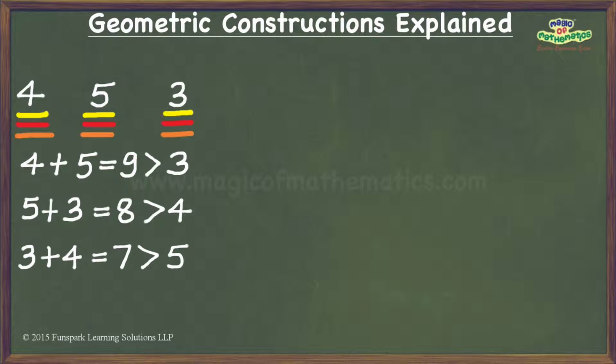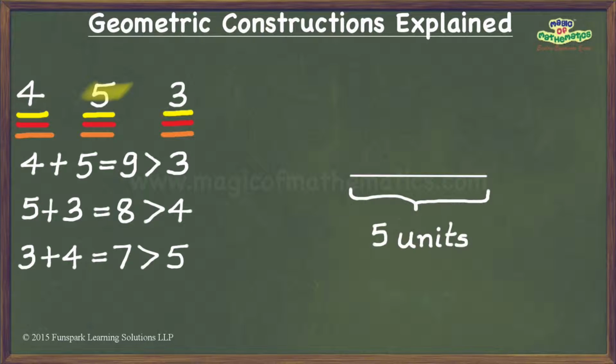I will begin by constructing one of the sides. For this, I will pick one of the given measurements, say 5 units, and using a scale, I will draw a line segment measuring 5 units. It is clear that the line segment that I have drawn represents one of the sides of our triangle and the end points of this line segment represent two of the vertices of our triangle.